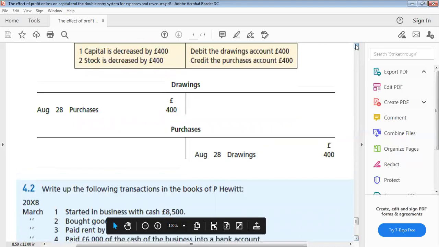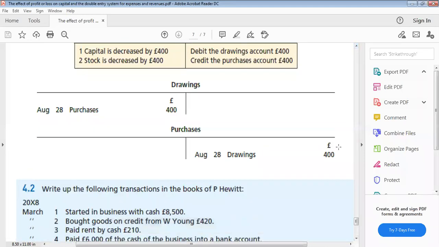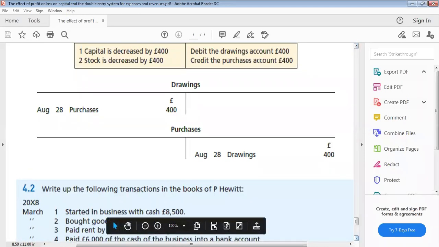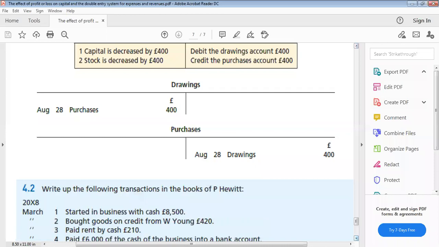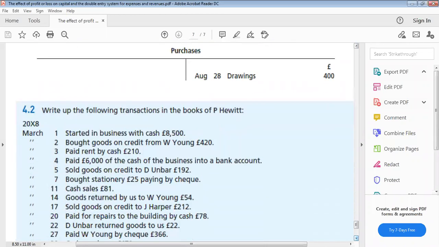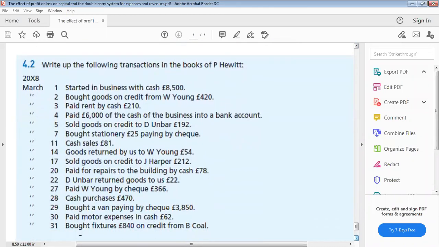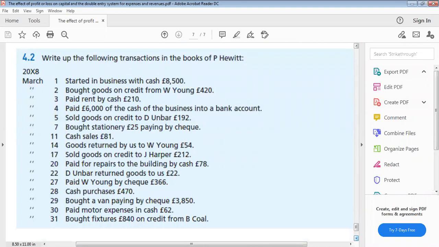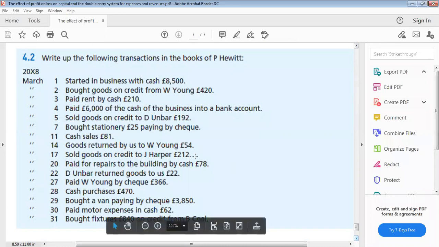Now, we're going to work through an example together. When you finish working through this, we're going to work this example together.